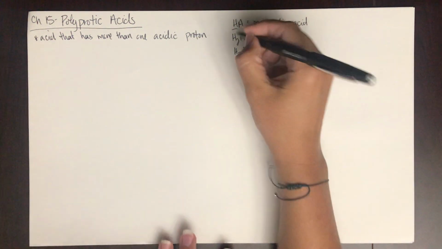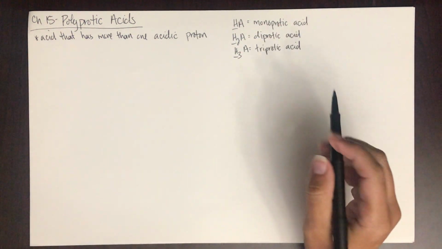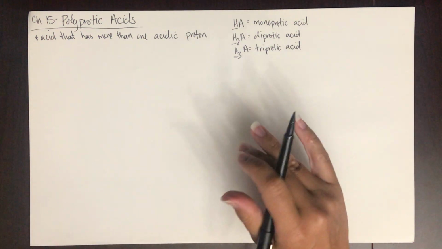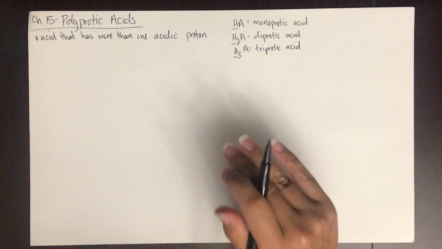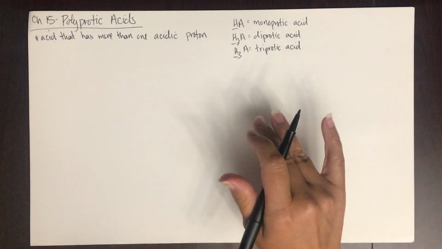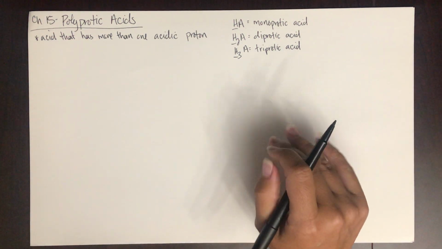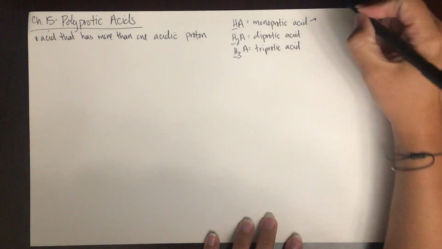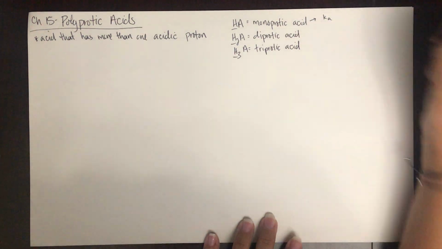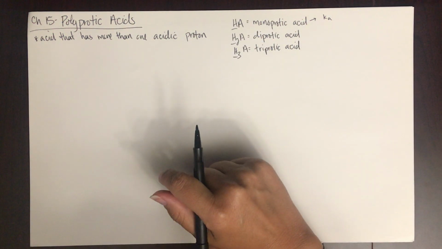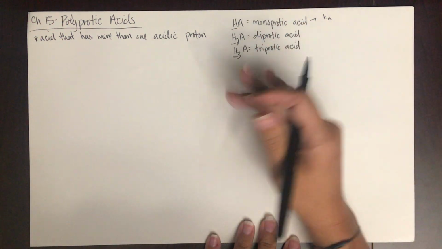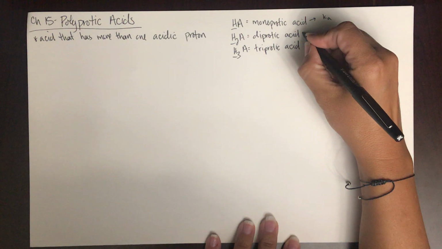So the way this works is every time an acid ionizes, it only loses one hydrogen per ionization. For example, the HA that we've been dealing with has just had a Ka, just one ionization, because there's only one hydrogen to ionize.